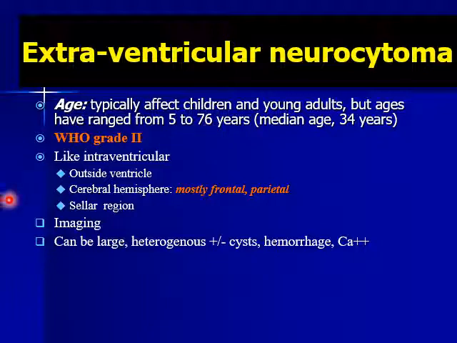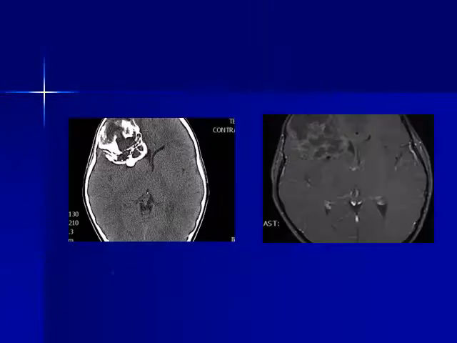It is WHO grade 2. Like the intraventricular, it affects the cerebral hemisphere, and it can be large, heterogeneous, with cysts, hemorrhage and calcification. It is the same pattern on diffusion-weighted imaging, but involving the cerebral hemisphere, not the intraventricular compartment.